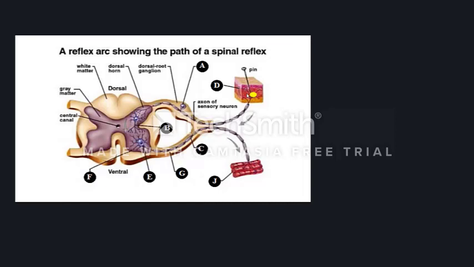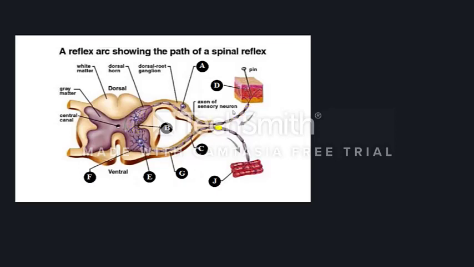As you can see here, a stimulus is detected by a receptor in the sensory organ. Now, this receptor initiates a nerve impulse in the sensory neuron. This is the sensory neuron, okay? Now, the sensory neuron passes the message into the interneuron in the spinal cord, as you can see.